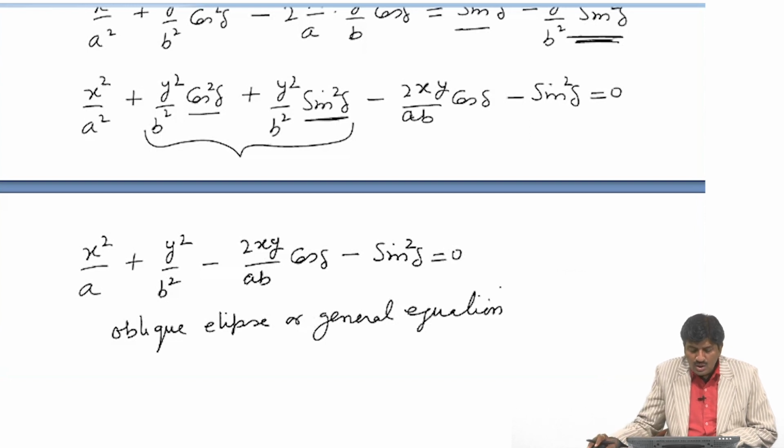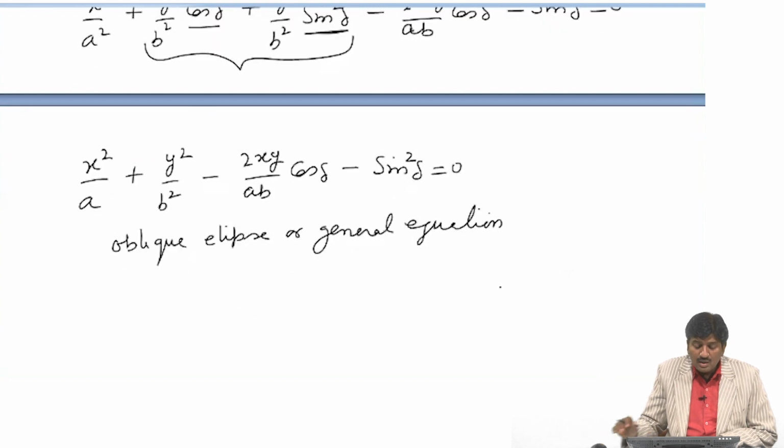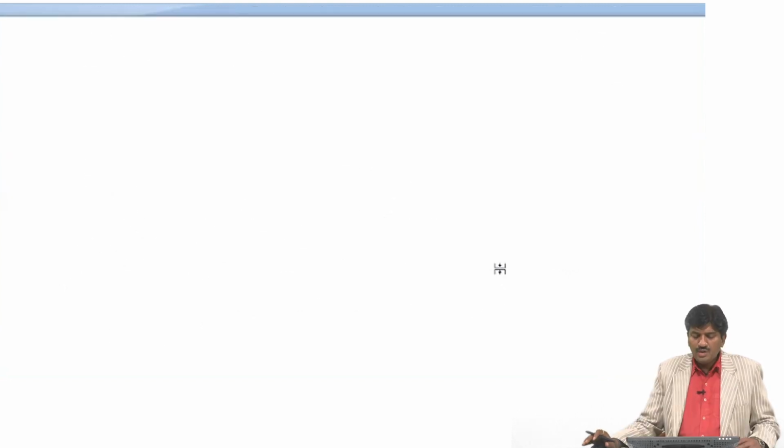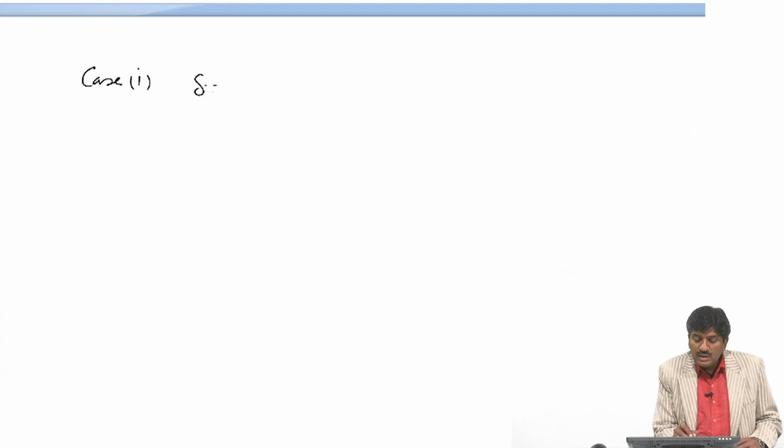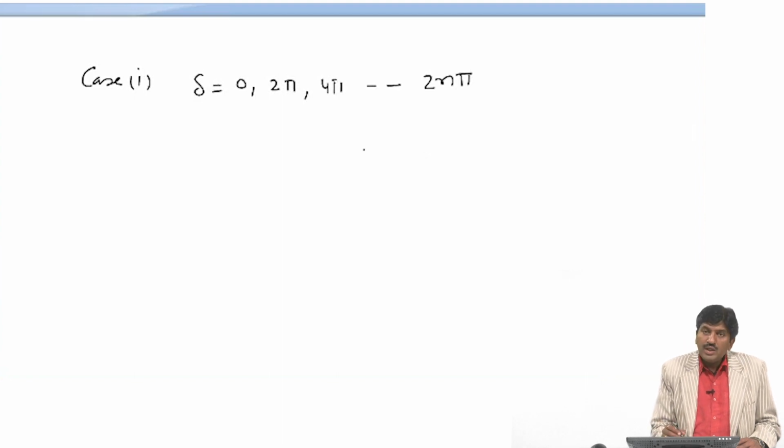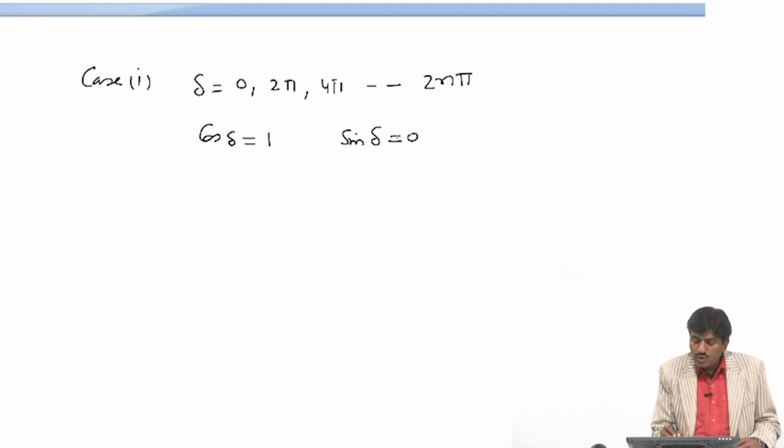And now, we can apply the different cases. Now, we will take case 1, in which delta is 0, 2 pi, 4 pi or twice n pi. This is case number 1. If delta is twice n pi, then cos delta should be 1 and sin delta should be equal to 0.